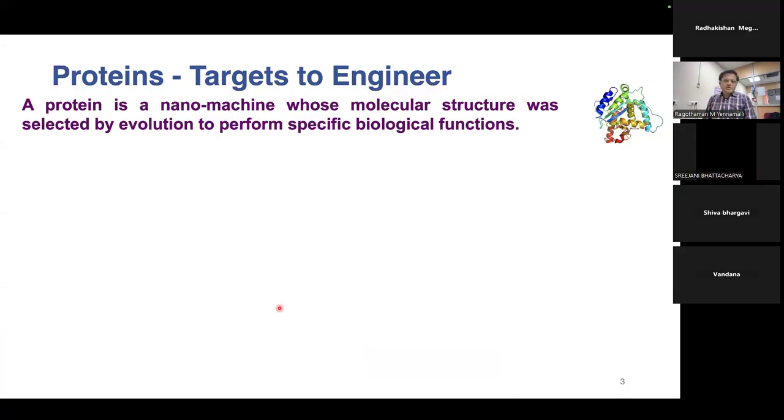For a protein to function, you need a structure and the subsequent function associated with that structure. There is a so-called dogma, which we will see later on. You can think of this as a three-dimensional object, and this three-dimensional object did not happen by chance. There is a lot of evolutionary history behind hemoglobin or myoglobin or any protein for that matter.